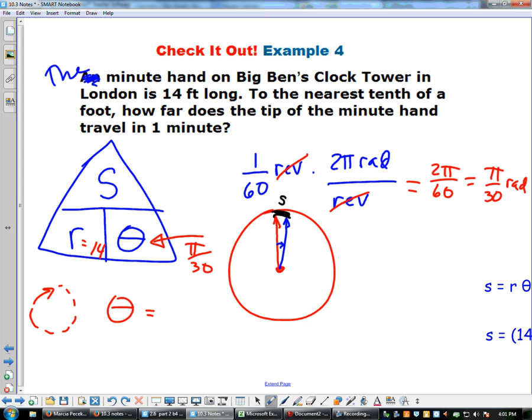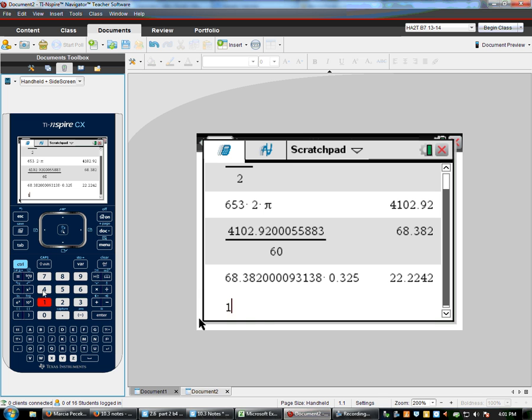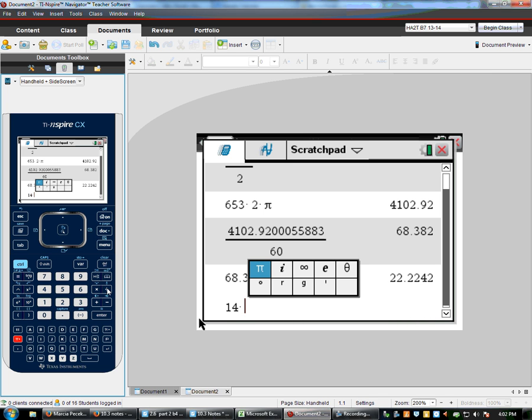So we're trying to find this arc length. Remember, we use S for arc length. So that's going to be S equaling 14 times pi over 30. And so if we pull up the calculator to do that, we want 14 times pi over 30.